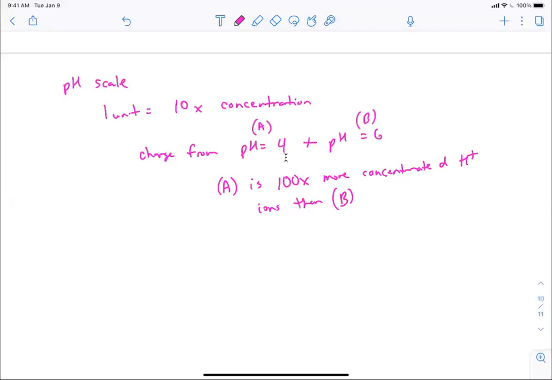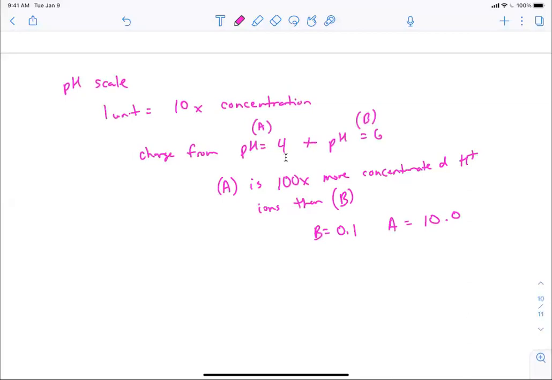So if my molarity of B is 0.1, then A is equal to 10. Oh, sorry, 1. No, 10. Sorry, I said that wrong. So 0.1 times 100 is 10. So A would be 100 times what B is.